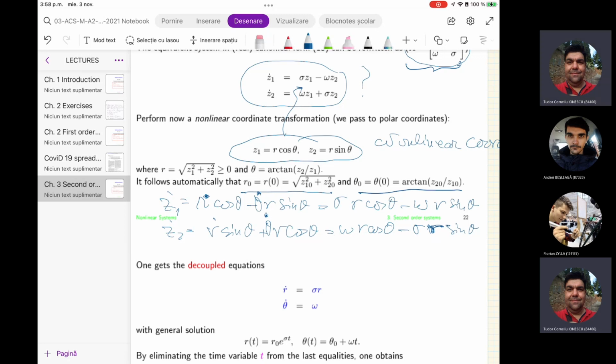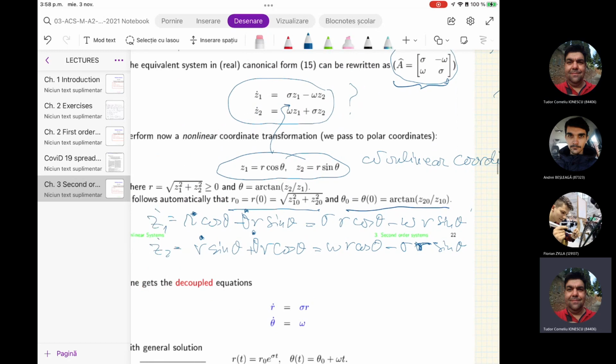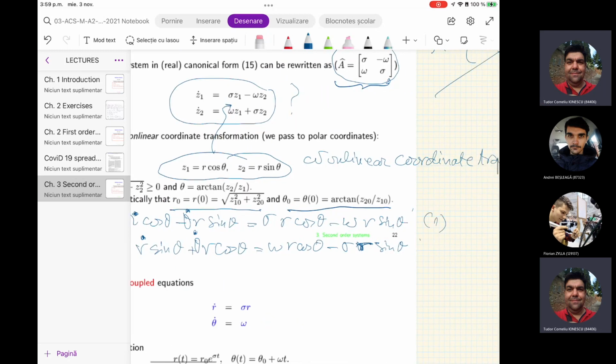You just do multiplications. If you want to get r, you want to get rid of theta, so you multiply with cos. So let's call this equation I, and this equation double I.